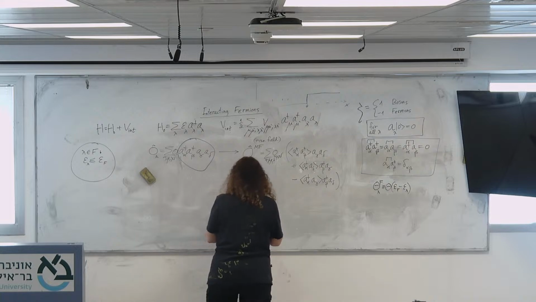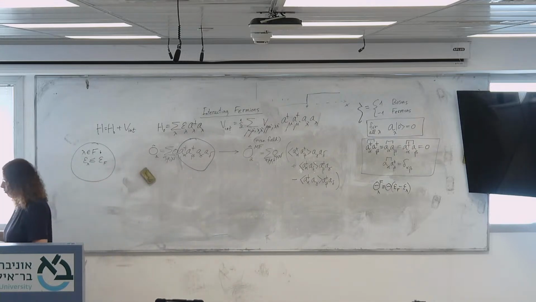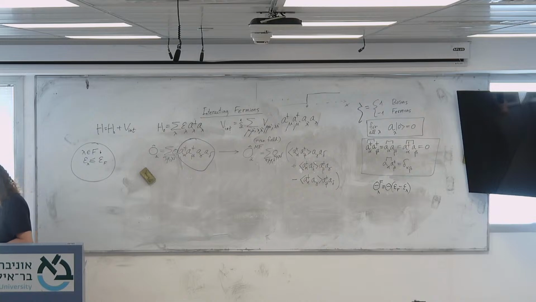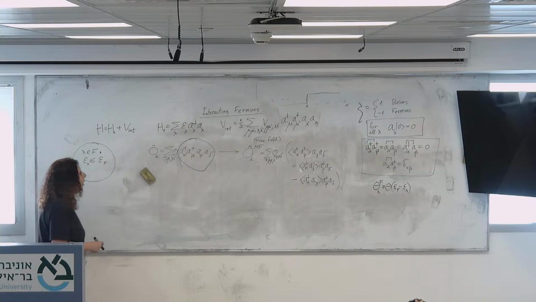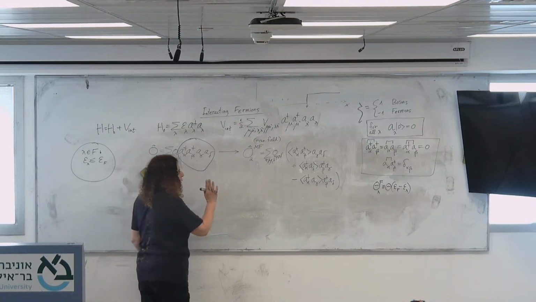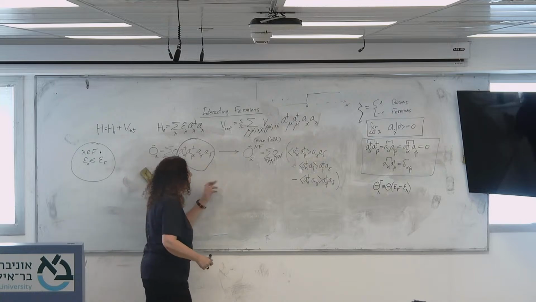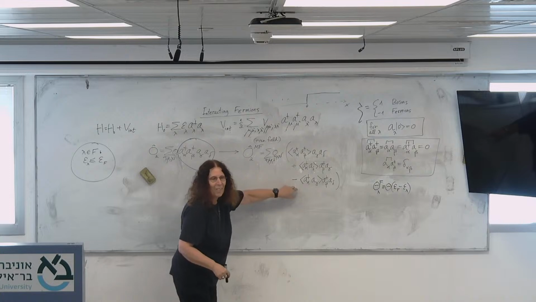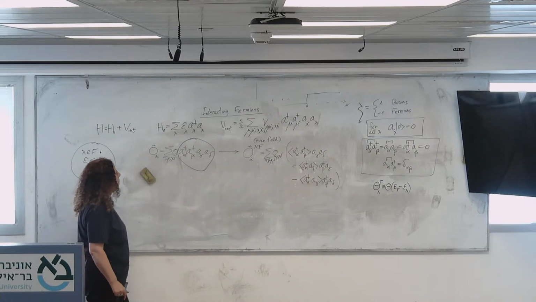So if you do it for the problem of interacting fermions, and actually not only for fermions, sorry, it's also true for bosons, but the bosons will not have the minus sign, okay? But we are focusing now on fermions.